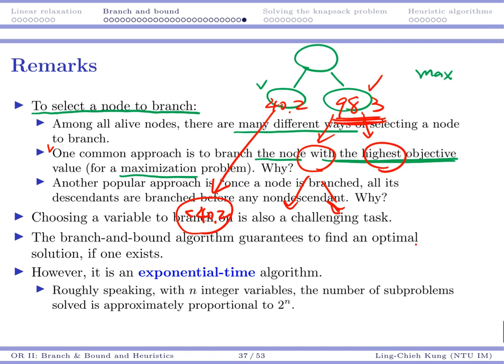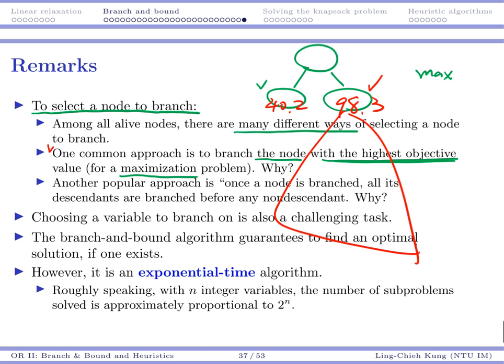And obviously, it's also less likely for you to eventually get an optimal solution. So in short, when you see two subproblems with different objective values, it's more likely for the larger root to eventually give you the optimal solution under its branch, under its subtree. Okay, so that's the idea.